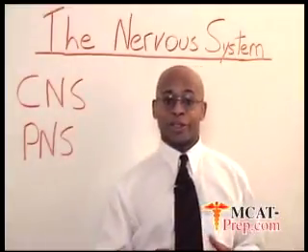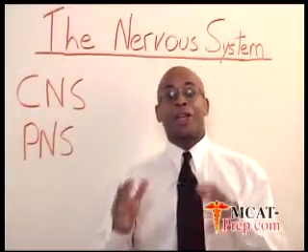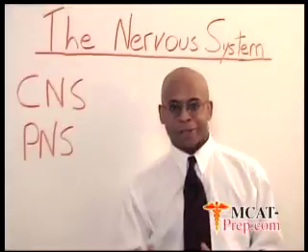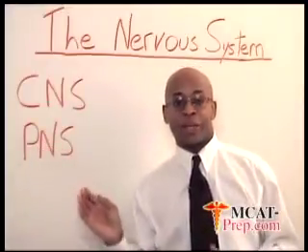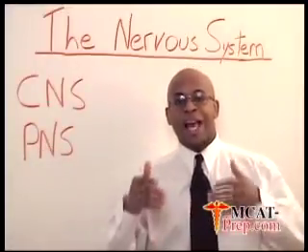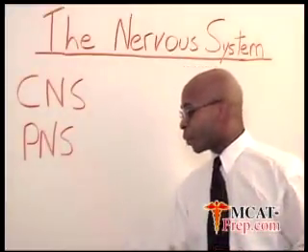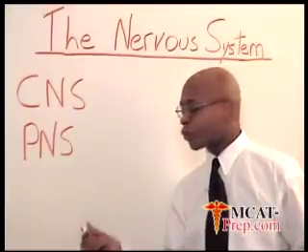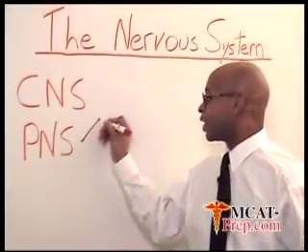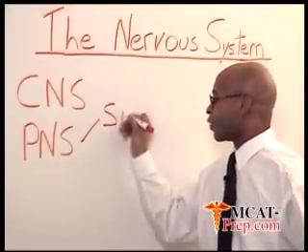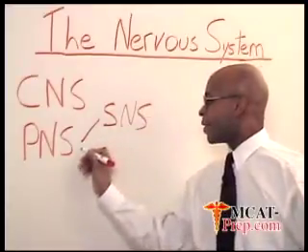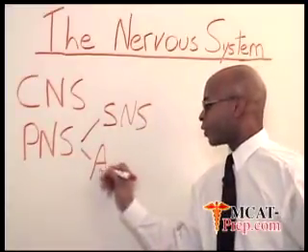Now, the central nervous system is essentially your brain and your spinal cord. The peripheral nervous system includes the nerves outside of the brain and spinal cord. Now, the peripheral nervous system can be further subdivided into the somatic nervous system and the autonomic nervous system.